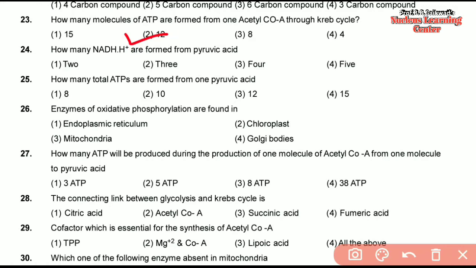Next is the 24th MCQ. How many NADH plus H plus are formed from pyruvic acid? How many NADH are formed from pyruvic acid?